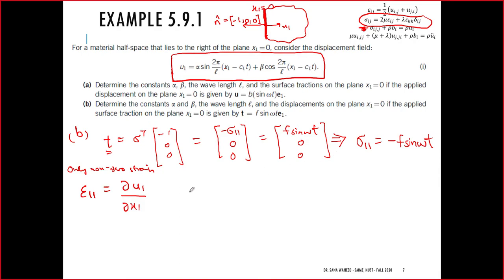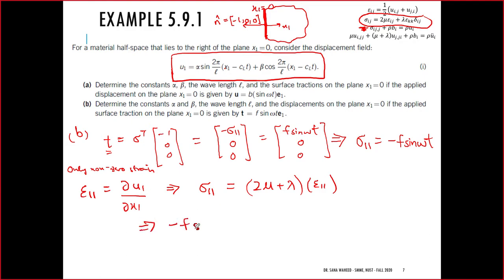Or we, because we've already done the previous example, so I'm gonna take a few shortcuts and just jump to writing down that we know कि sigma 1, 1 in terms of epsilon 1, 1 is actually 2 mu plus lambda epsilon 1, 1. So now substituting things in here, we get what?